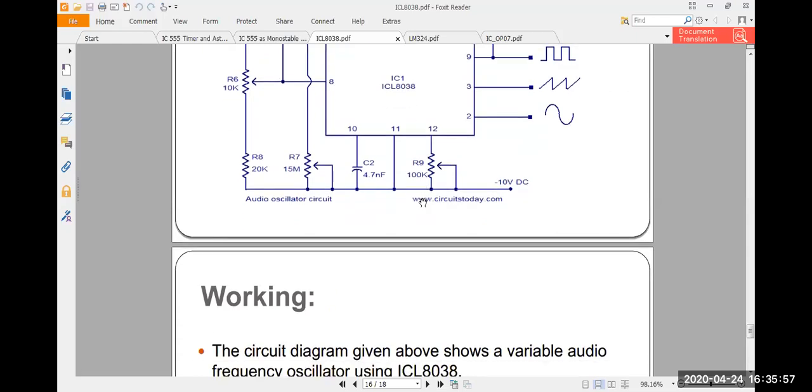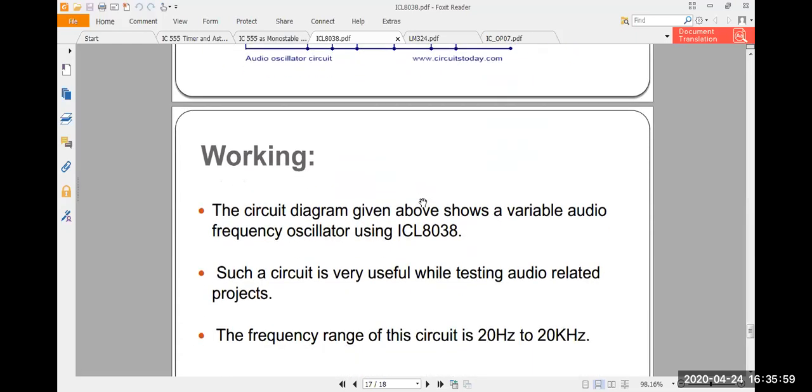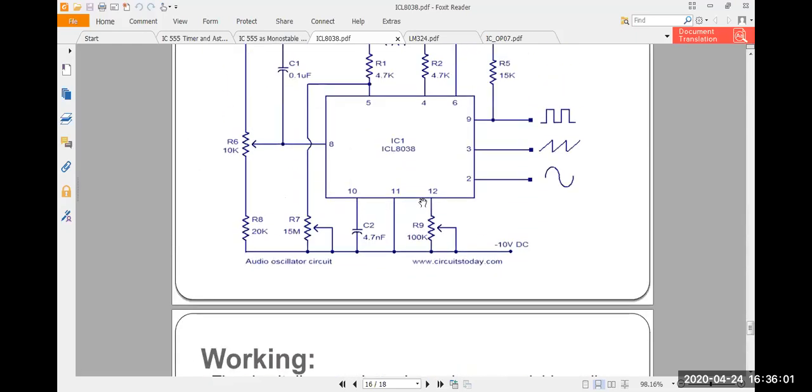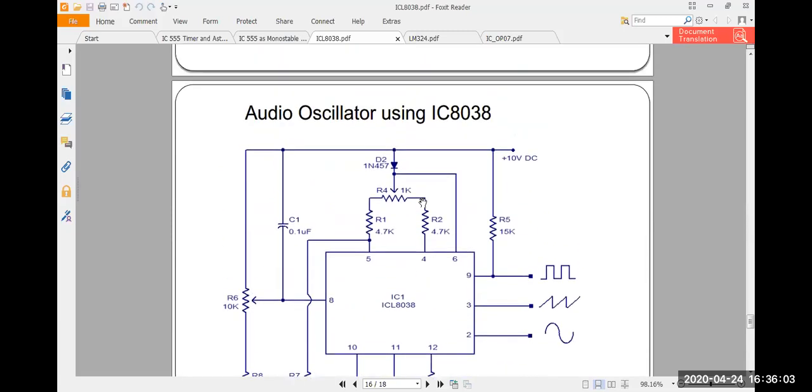You can see the frequency range is between 20 Hz to 20 kilohertz, and that is why it is called an audio oscillator. IC 8038 is actually used to generate the oscillations at the output. Okay, so this is as far as IC 8038 is concerned.